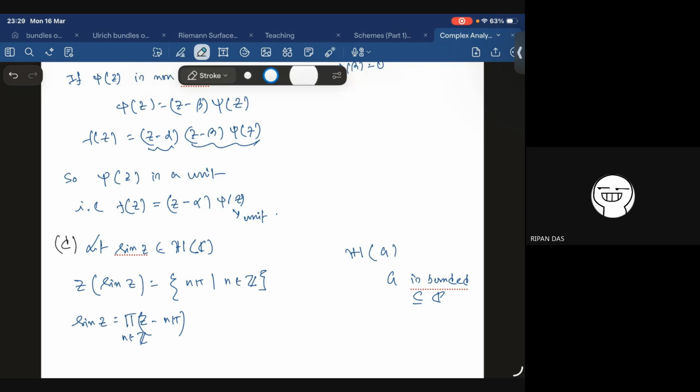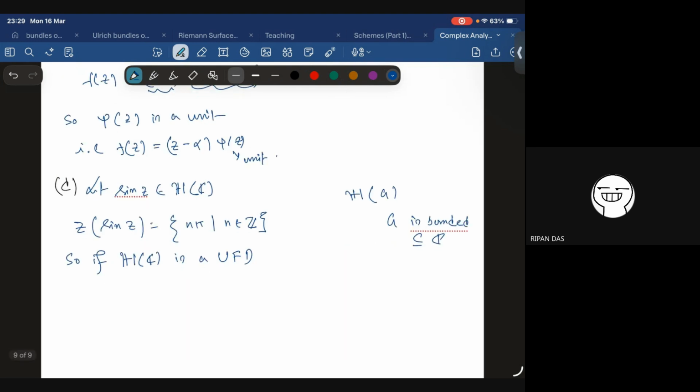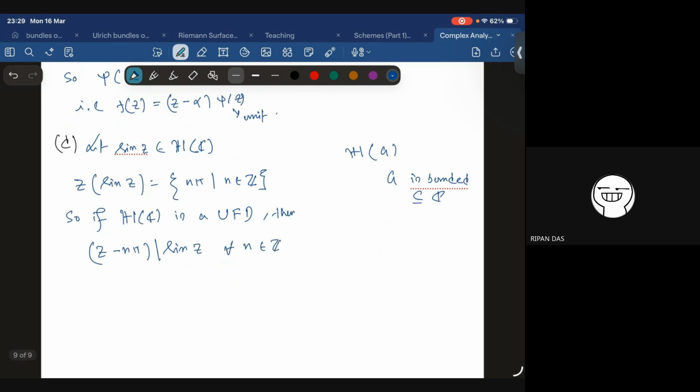Okay, let's write it more clearly. So if H(C) is a UFD, then z minus n pi should divide sin z for all n in Z, right?